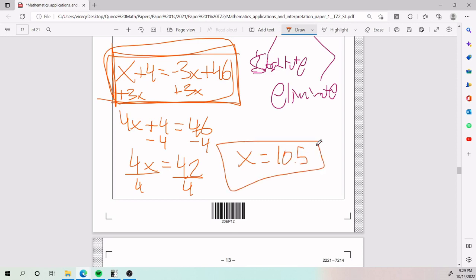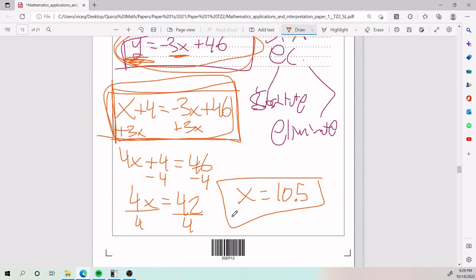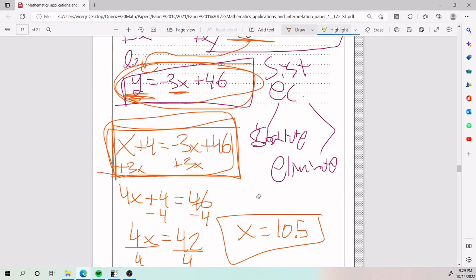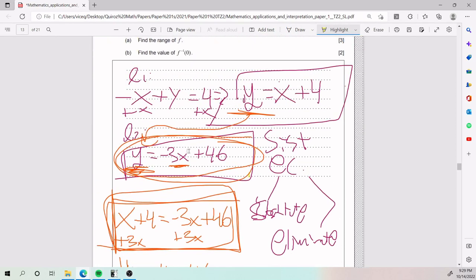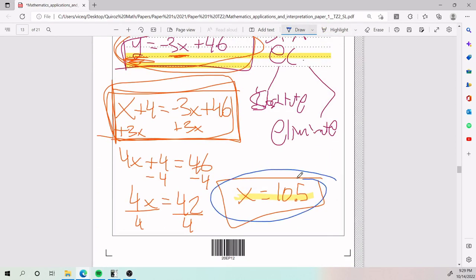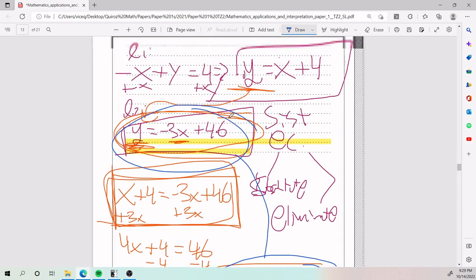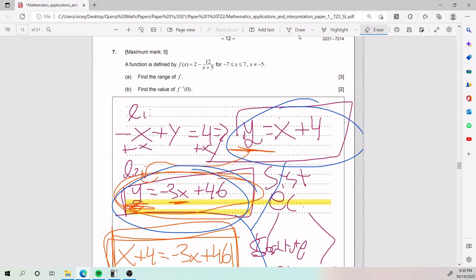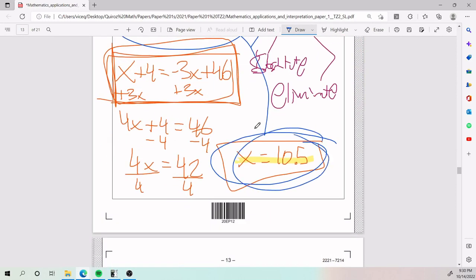See? Cool. So now we need to find what y is, ¿cierto? And now that we have a value for x, getting y is actually super duper easy. I can take this value here and plug it into this guy here, or this guy here. I get the same answer. I'm going to do it to the one on top because clearly it's way easier. So my value of x is 10.5.